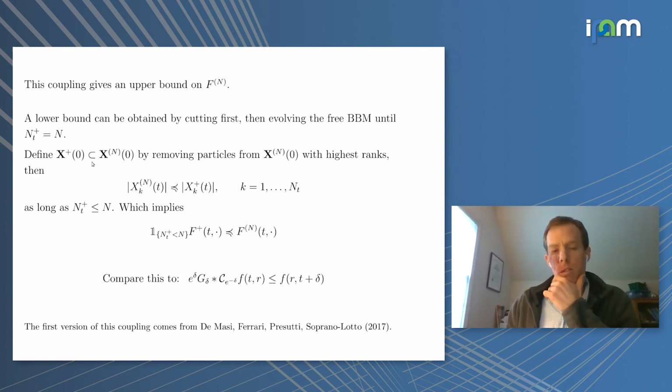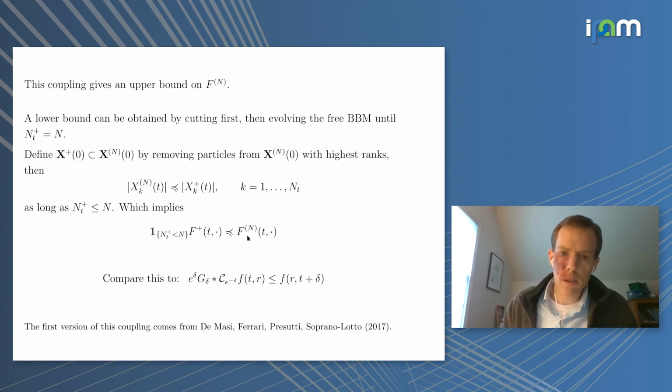There's a similar lower bound where you start with the same initial condition, except for the NBBM, you first remove particles. I'm sorry, for the unconstrained branching Brownian motion, you remove particles that have the highest ranks, and then you can show that the unconstrained BBM stochastically dominates the ranks of the NBBM, or in other words, you get a lower bound.